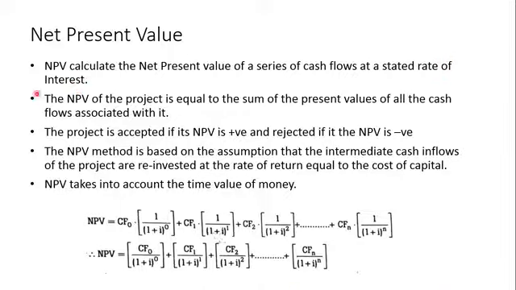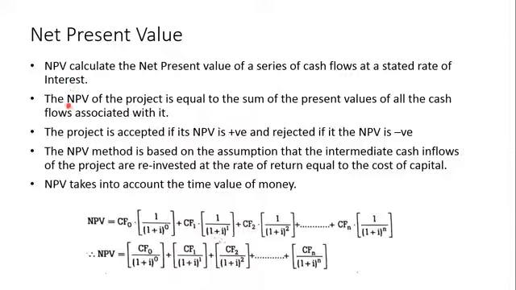If we know the cash flow diagram at the same or various rates of interest, then we can decide or choose the alternative, or whether the project is acceptable or rejected. For that we use the net present value method.